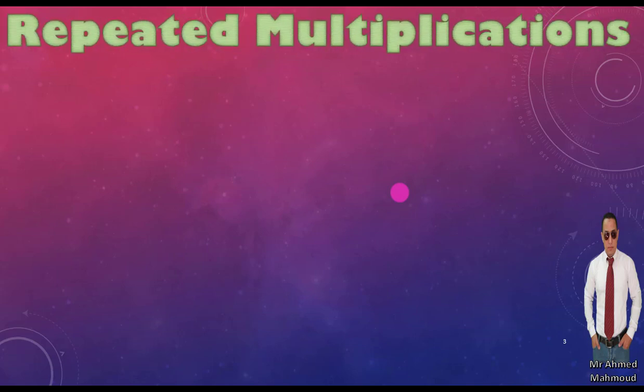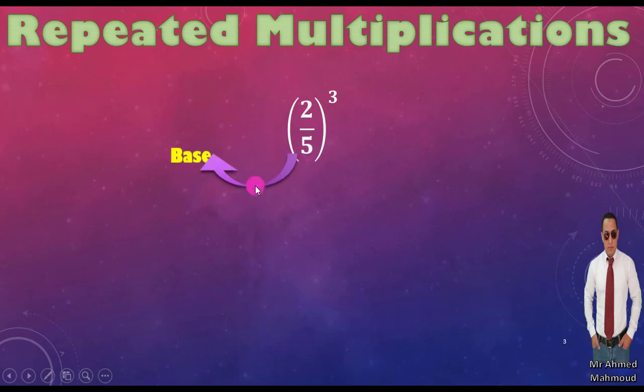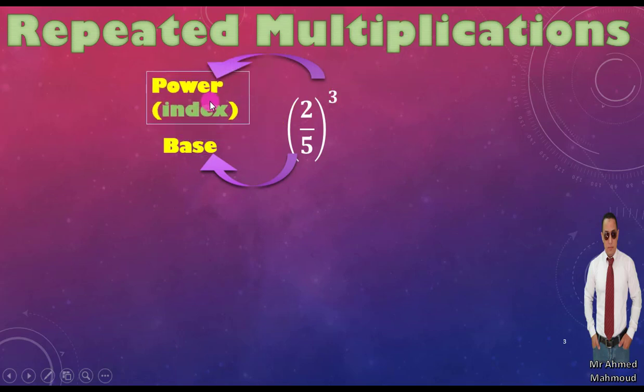And the repeated multiplication, as we studied before, for example, if we have a number like 2 over 5 all to the power of 3, this number is raised to the power of 3. Here 2 over 5 is called the base, and 3 is called the power, and it's also called the index.